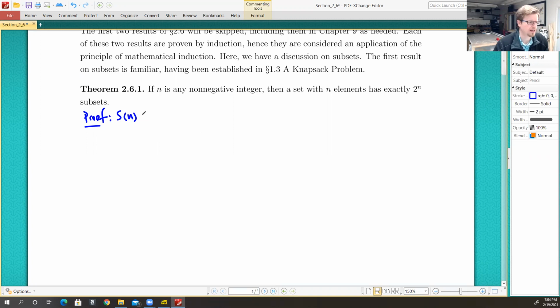So S of n, our statement that we want to prove, is a set with n elements has 2 to the n subsets. And this is for n as small as 0.